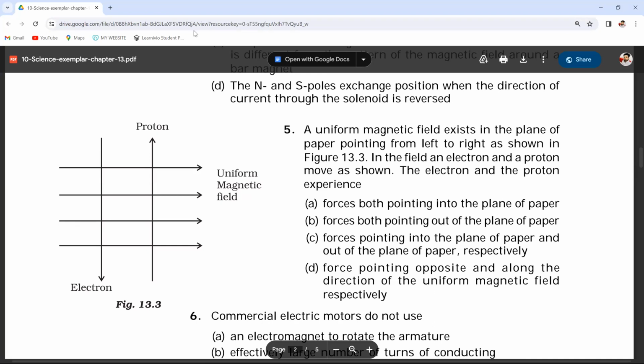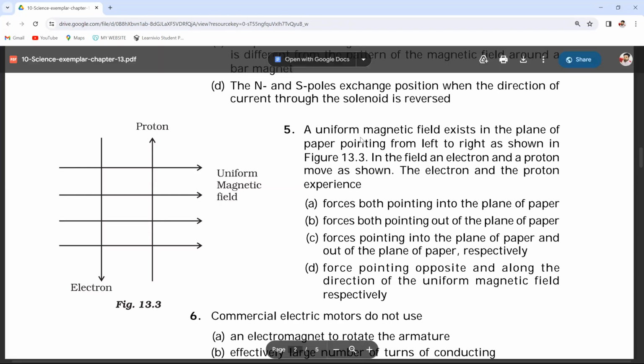What should be the answer? Sir, option B.